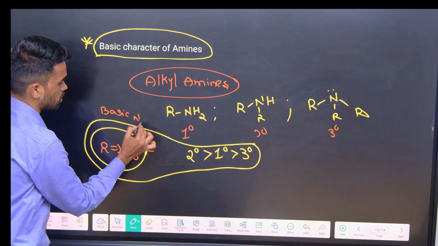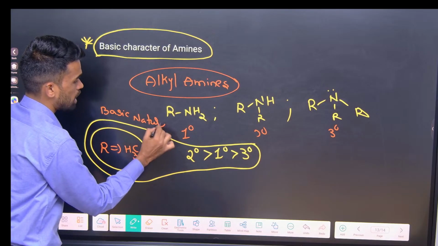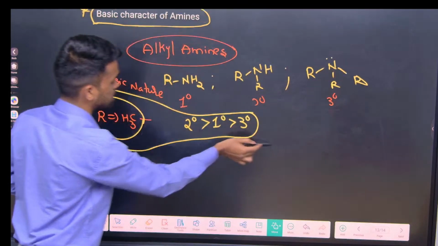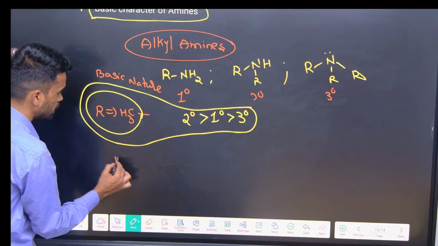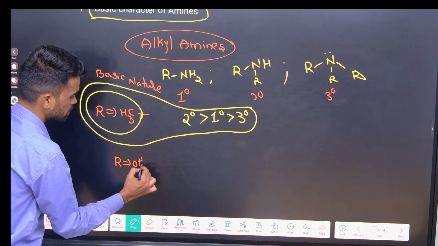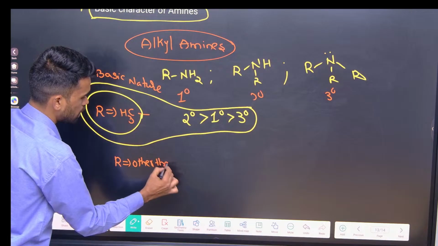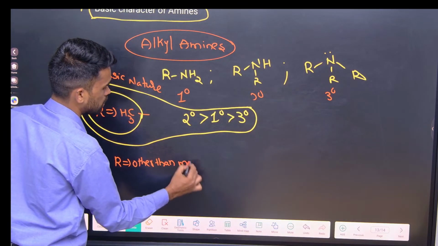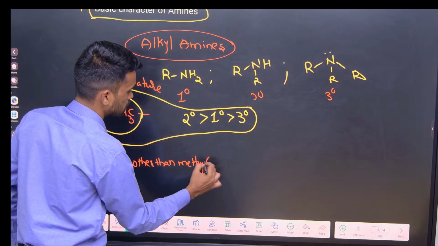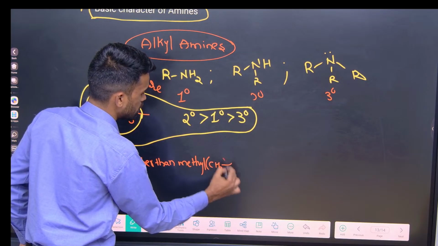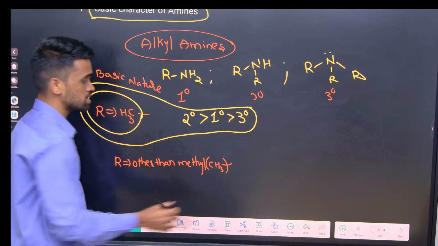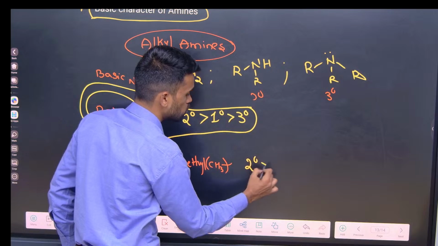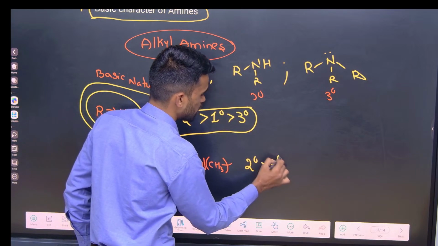Okay, remember, if the alkyl group R is other than methyl, then the order becomes 2, 3, 1.